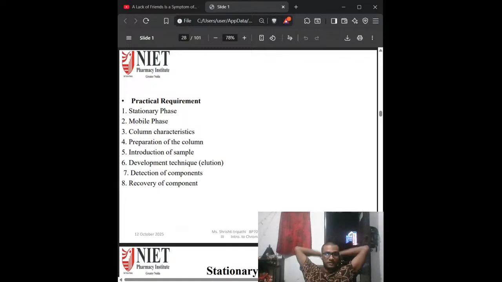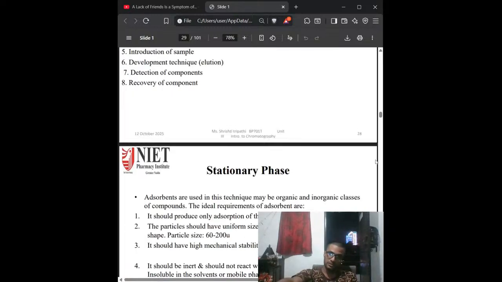Stationary phase, then mobile phase, then column characteristics, preparation of the column, introduction of the sample, development technique, detection of the component, recovery of the component.